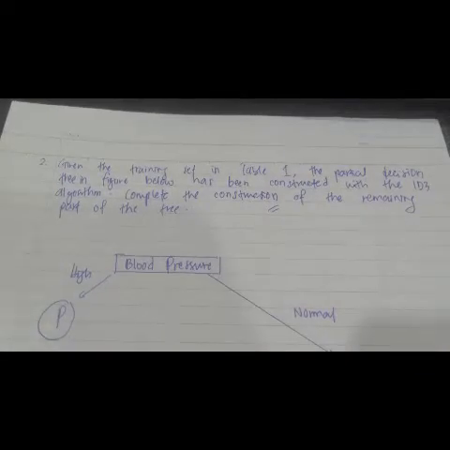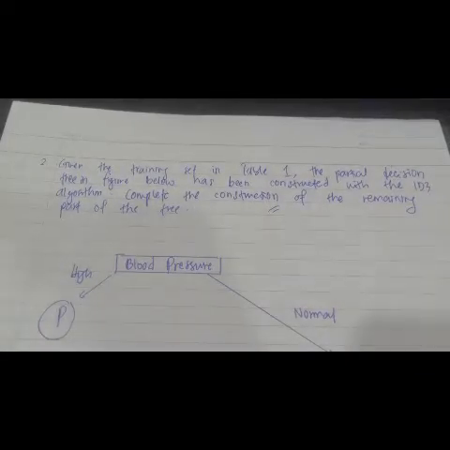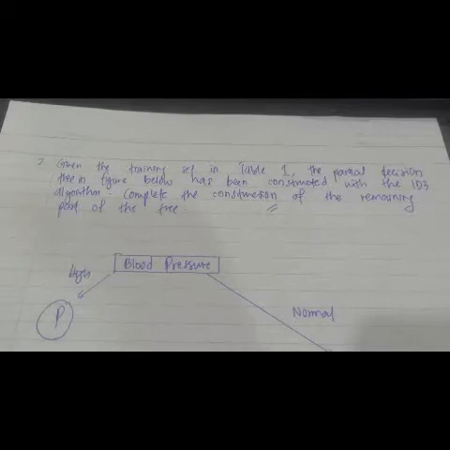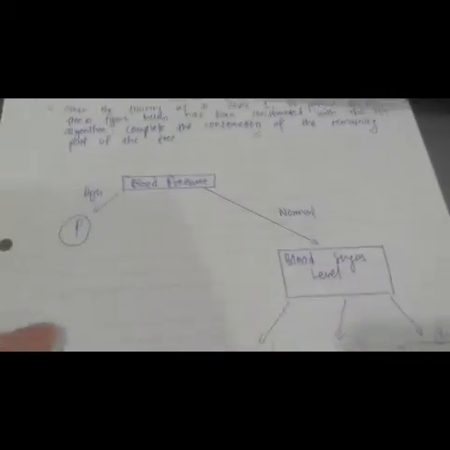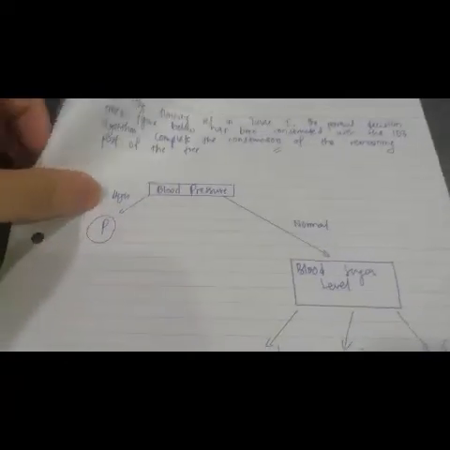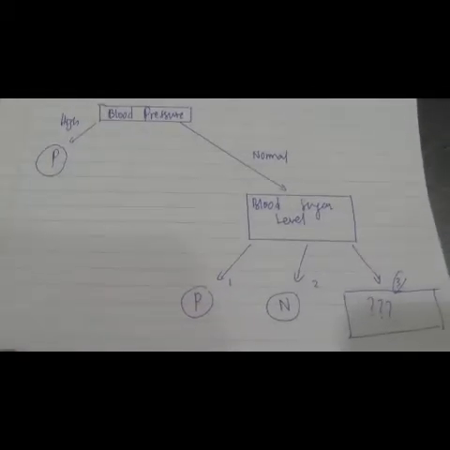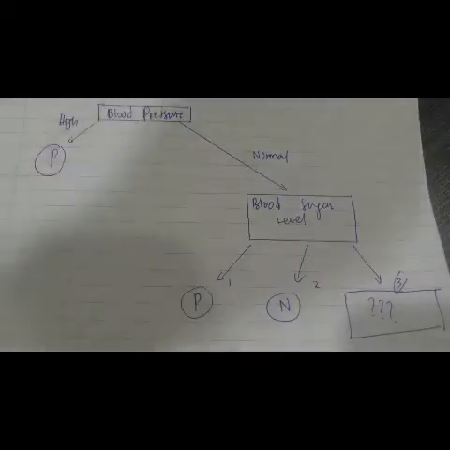Okay, let's move to question 2. Given a training set in table 1, the partial decision tree in the figure below has been constructed with the ID3 algorithm. Complete the construction of the remaining part of the tree. As you can see here, the decision tree is not complete, because the blood sugar level 3 branch is unfilled yet. So we must fill it.